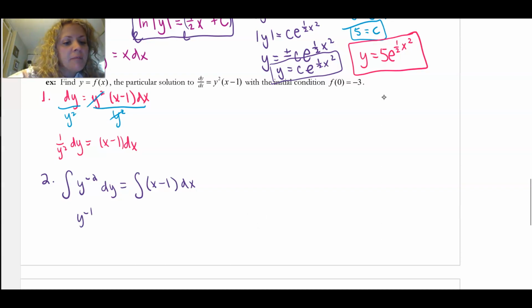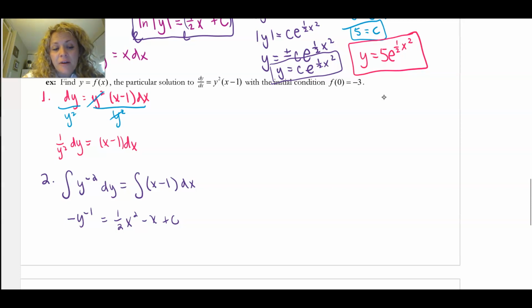And remember, dividing by -1 is the same as multiplying by -1. On the right side, we are going to integrate x minus 1 with respect to x. So that's going to become 1/2 x squared minus x plus c. All right, so that is the integration step.